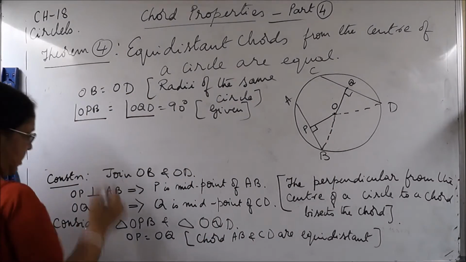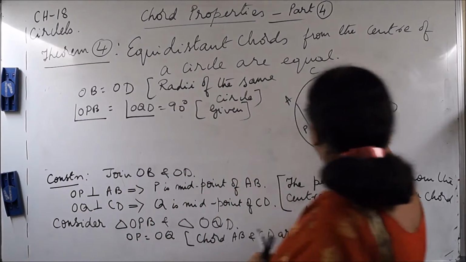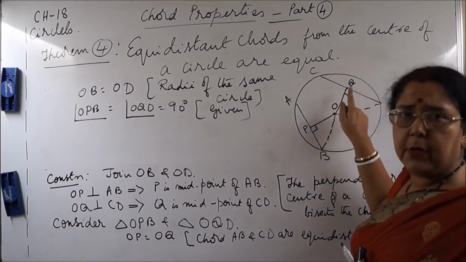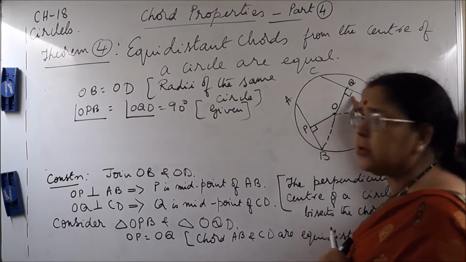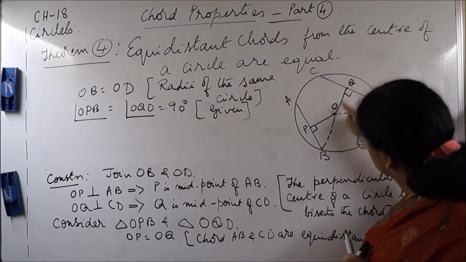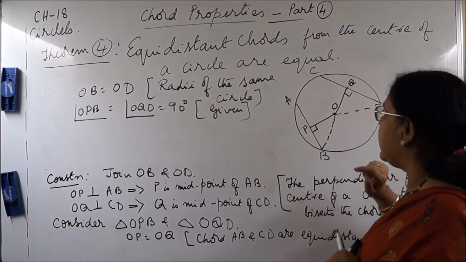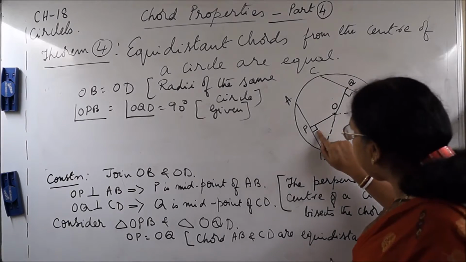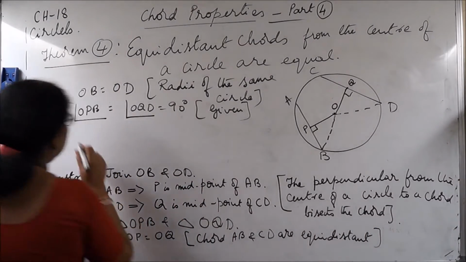So according to these three points, we have proved OP is equal to OQ, the angles are both 90 degrees, and we have proved that these two sides are equal. So hypotenuse, right angle and one side, that means RHS. So they are congruent.